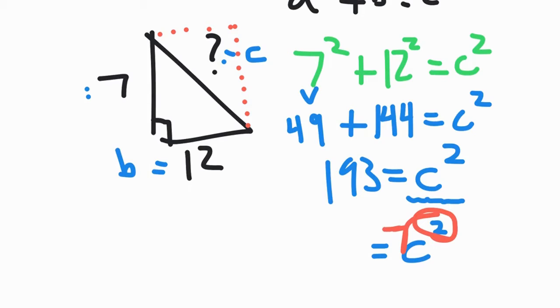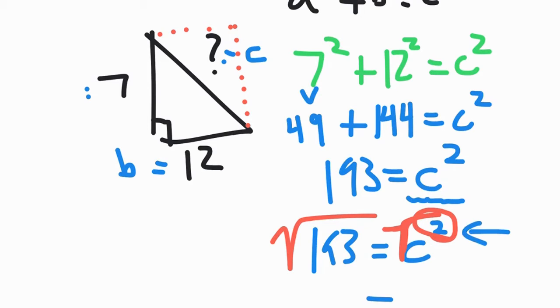So in essence, what we're doing here is square rooting both sides of my equation. So here's the 193. I'm going to square root that. And what does this leave me with? Oh, well, it leaves me with the square root of c squared is c. And my answer is the square root of 193.